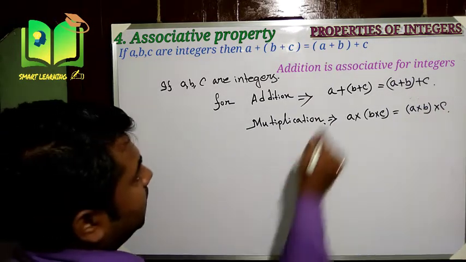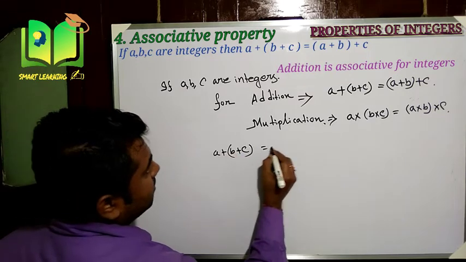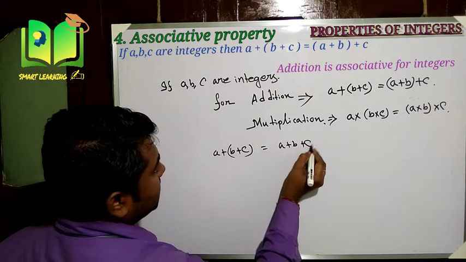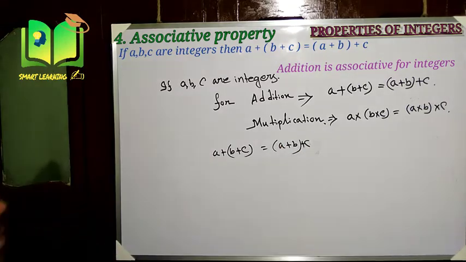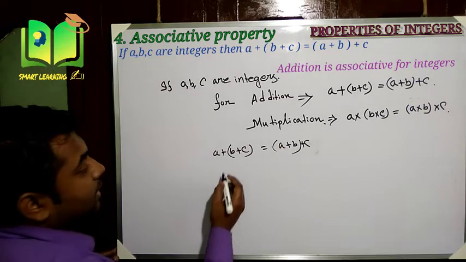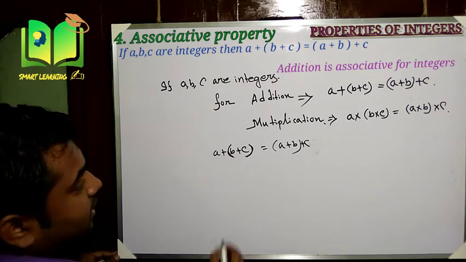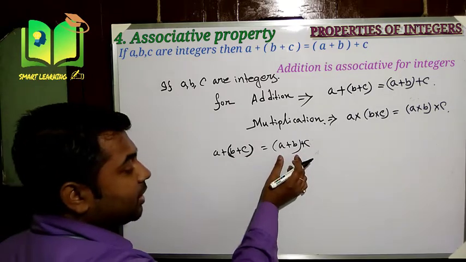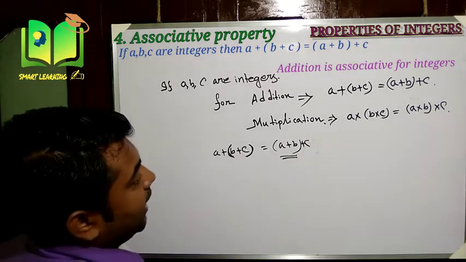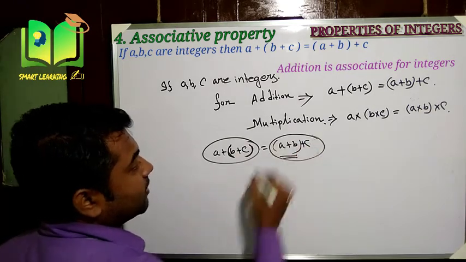A plus (B plus C) equals (A plus B) plus C. In associative, I am giving brackets here: I associate the group B plus C, and here I make the group A plus B. Ultimately, the answer is the same.